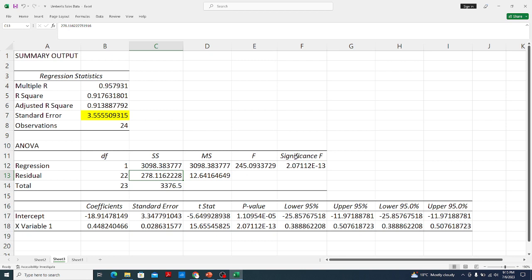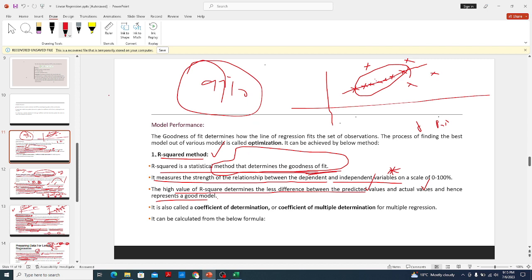Another measure is the significance F. So what does significance F do? Remember, we have a p-value, which is always a standard measure of 5%.